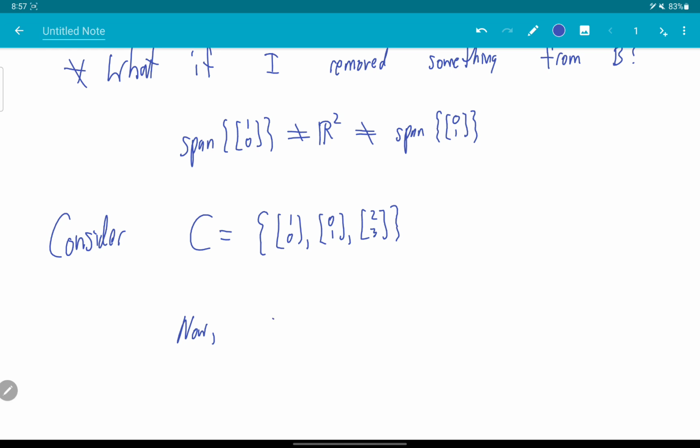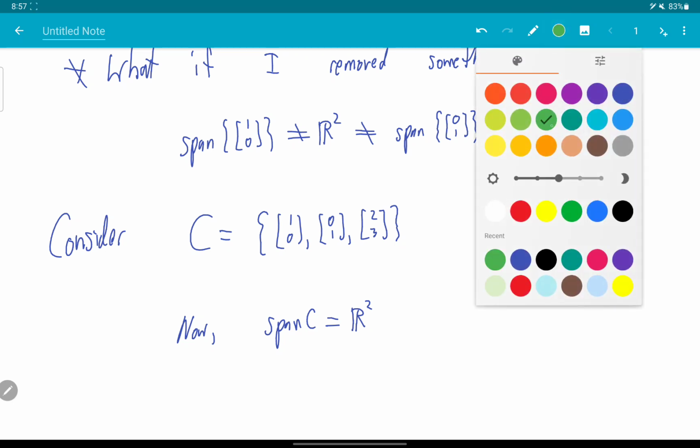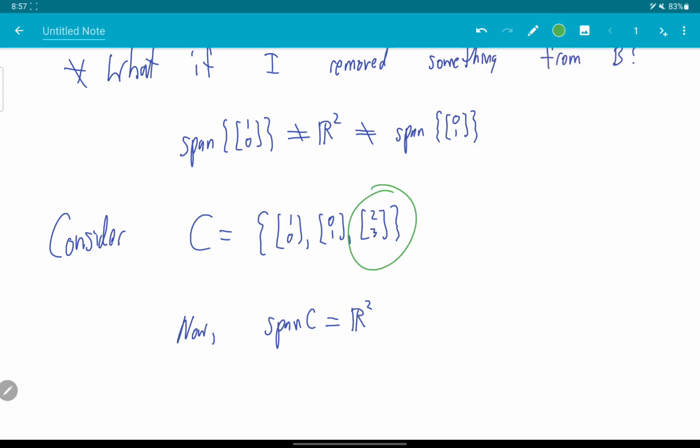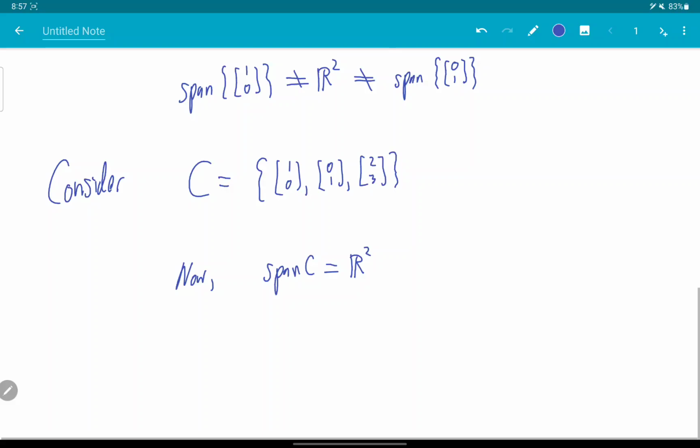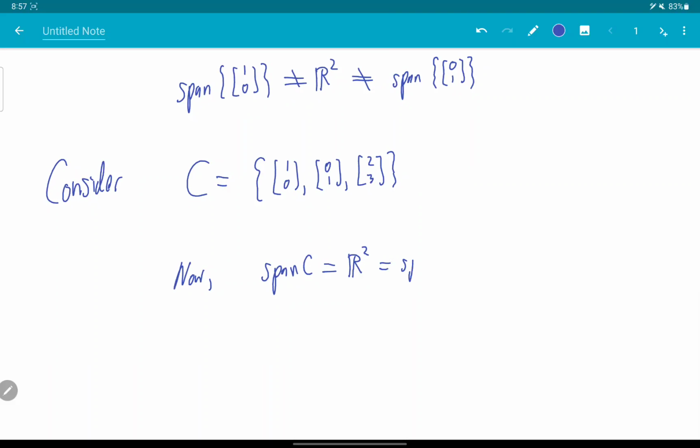Now, the span of C is still equal to R2. But notice that this vector here, 2, 3, is not doing anything. It's not really carrying any weight here, because R2 is the span of the smaller set B.